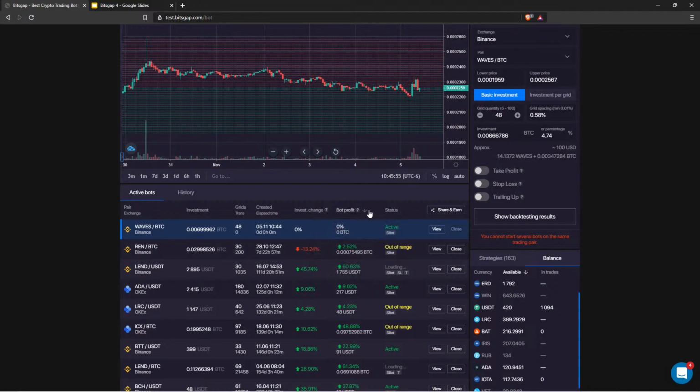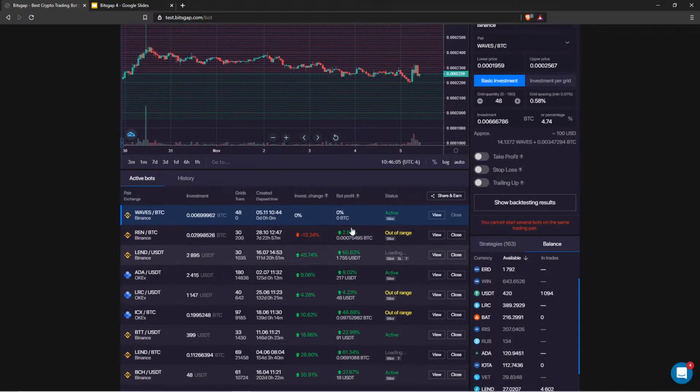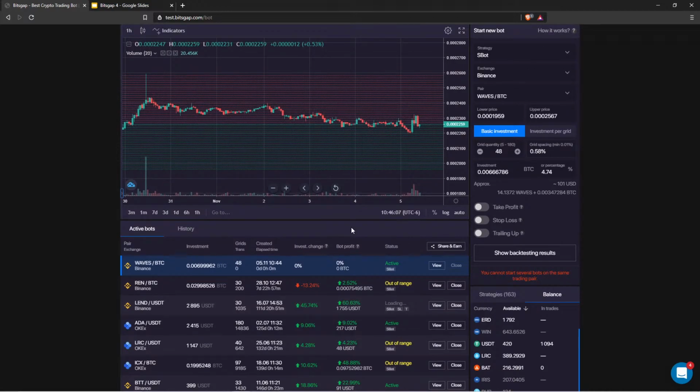So the simple explanation is coming right now. The bot profit stands for the return generated just by the bot. So the idea of the automated algorithm here is to generate profits in the quote currency. As we have waves trading to Bitcoin, in this case the bot profit generated is going to be exactly in Bitcoins.